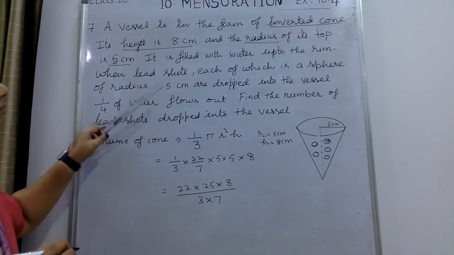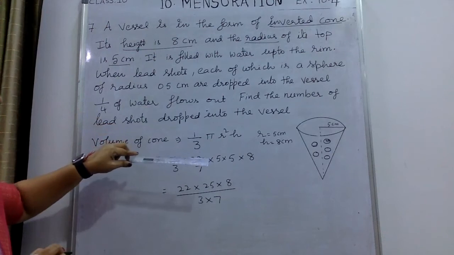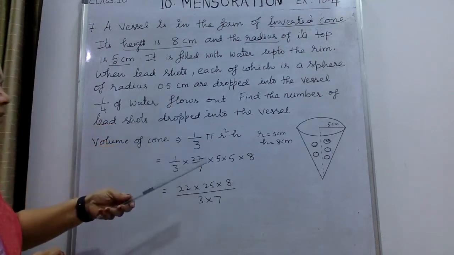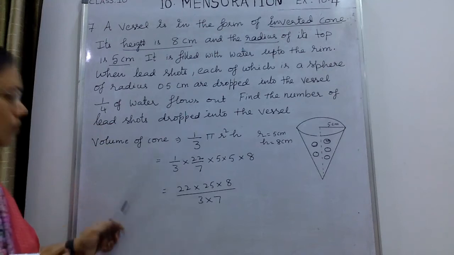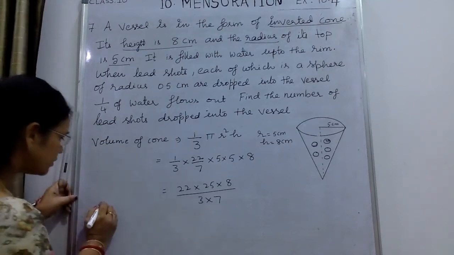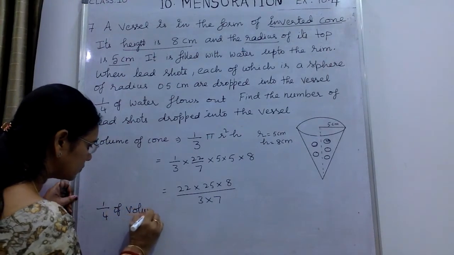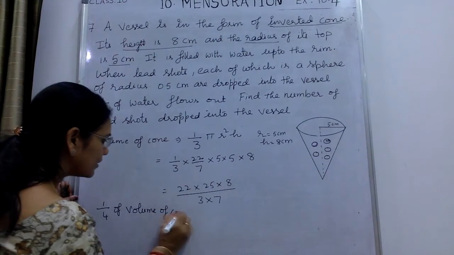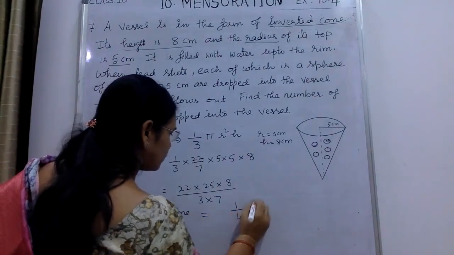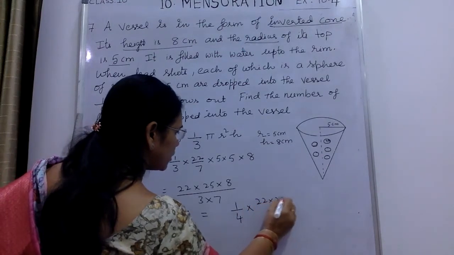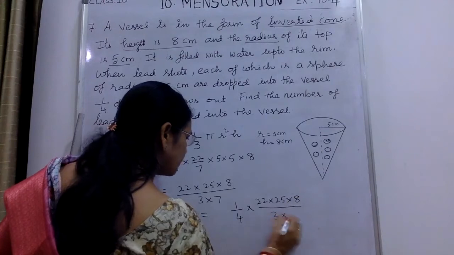See, when some lead shards in the shape of sphere are dropped into this vessel, 1/4 of the water came out. So this is the volume of the complete cone. Find 1/4 of the volume of the cone, which is equal to 1/4 of 22 into 25 into 8 by 3 into 7.